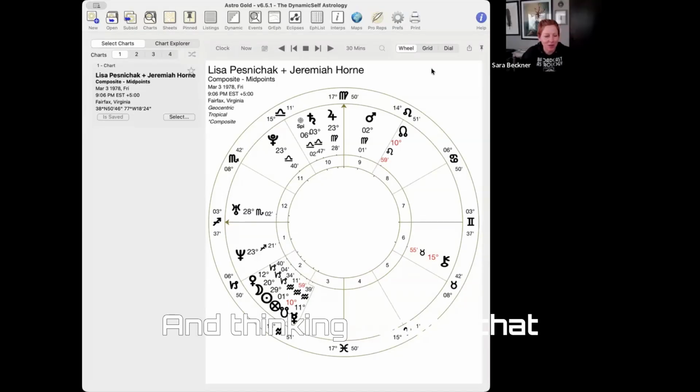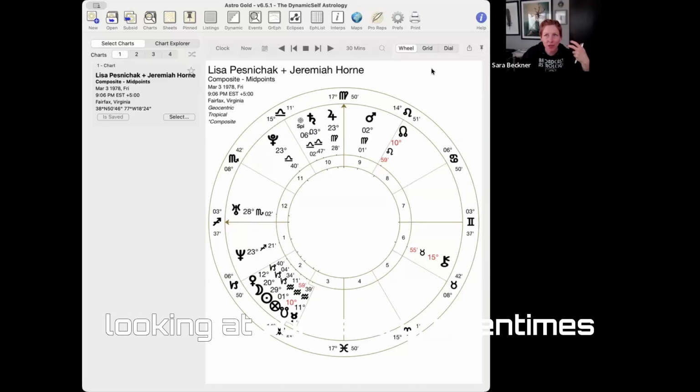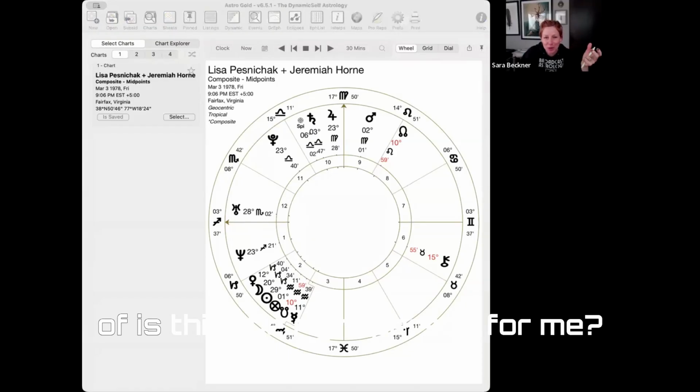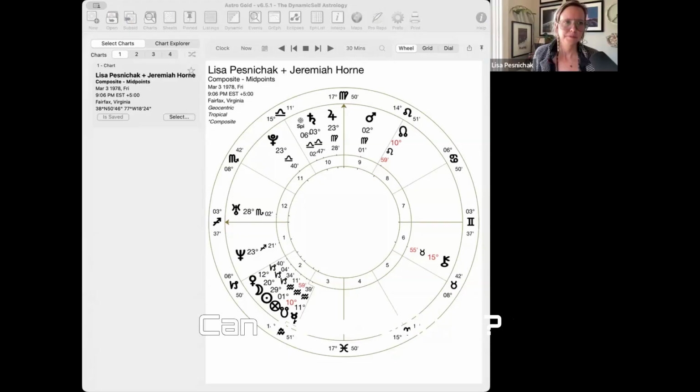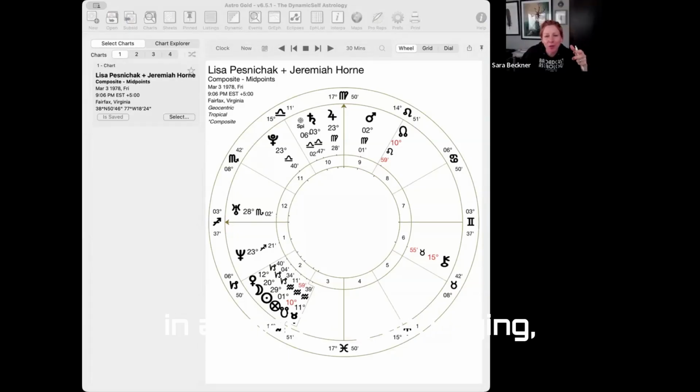Yeah. And thinking about it that way emphasizes the need to tend to the relationship as its own thing. Sometimes when couples come for a reading and you're looking at synastry, it's this side by side thing of, is this the right person for me? Can we cohabitate? Can we live side by side in a relatively satisfying, peaceable way?